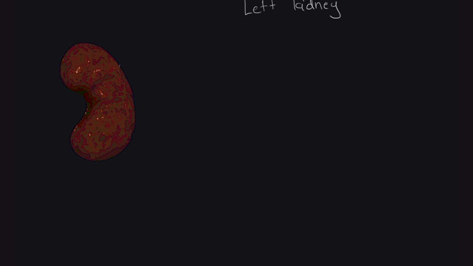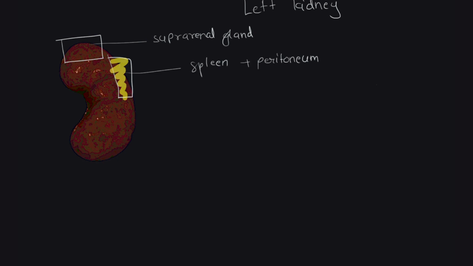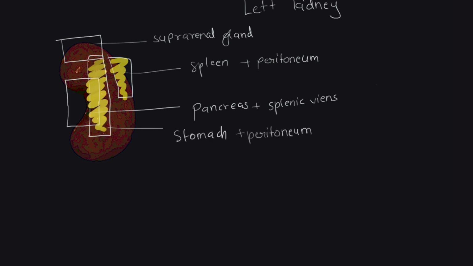Let's take a look at the relations of the left kidney now. It includes, firstly, the suprarenal glands, superiorly and anteriorly, and then we have the spleen with a layer of peritoneum separating them. Then we have the pancreas and the splenic vessels on the medial side of the left kidney. Then we have the stomach, which is also separated by a layer of peritoneum.